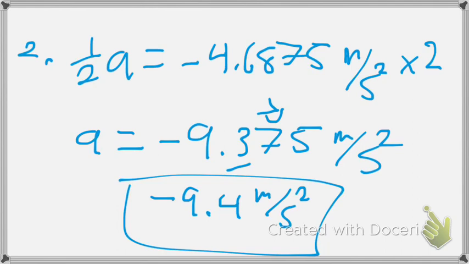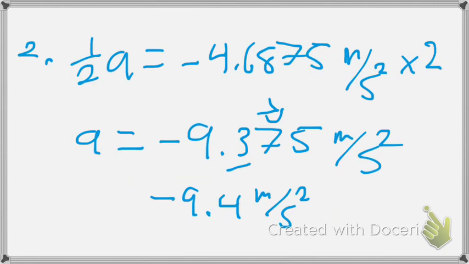Now that we have an acceleration, they want us to solve for velocity final. So, given what we knew before, we should be able to use the equation velocity final is equal to velocity initial plus acceleration times change in time.